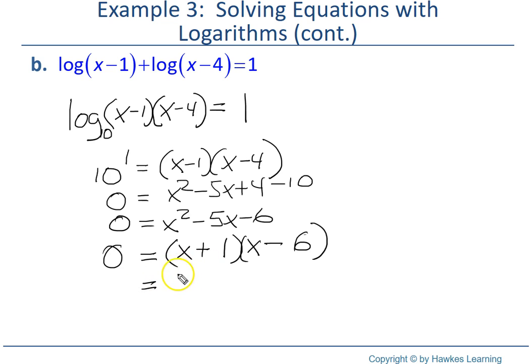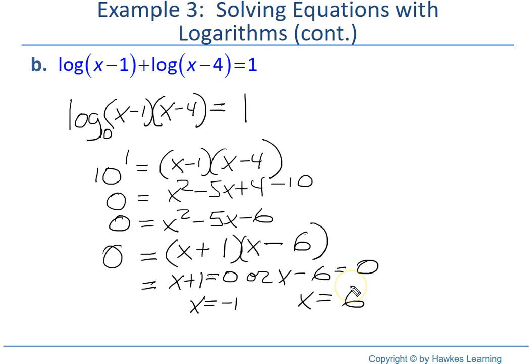And we're going to get x plus 1 equals 0, or x minus 6 equals 0. So here x is going to equal a negative 1, and here x is going to equal 6.